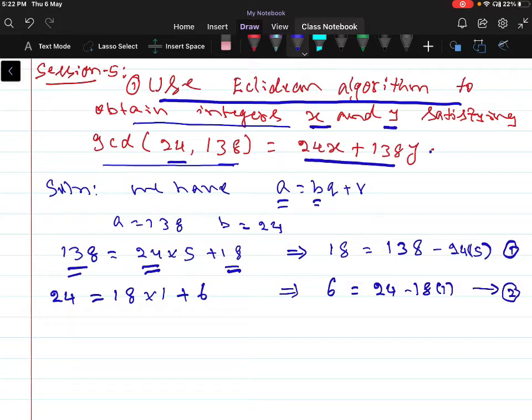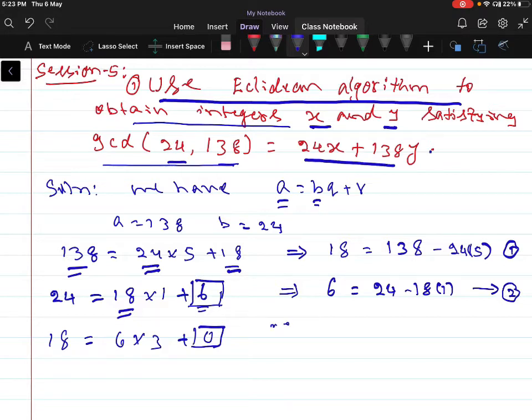Now let us apply the division algorithm for the integers 18 and 6. 18 can be written as 6 into 3 plus 0. So here 0 is the remainder. So we take the last non-zero remainder, that is 6. So 6 is the greatest common divisor of the integers 24 and 138.